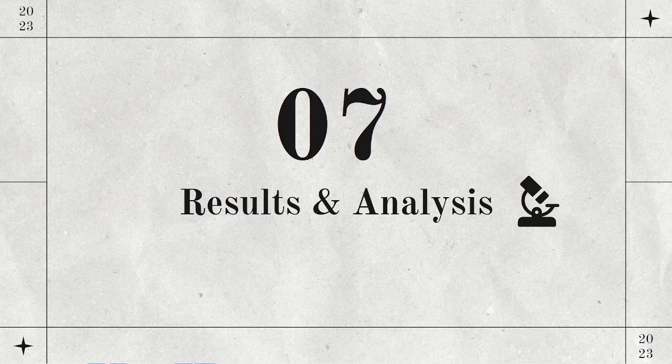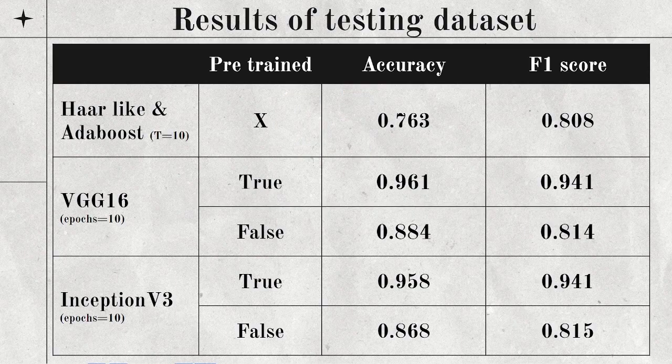Next is our results and analysis. These are the results of 3 different models. For VGG16 and Inception v3, we both run them 2 times, pre-trained and non-pre-trained respectively. First, we can see that VGG16 and Inception v3 have higher performance than HARLAC and AdaBoost.